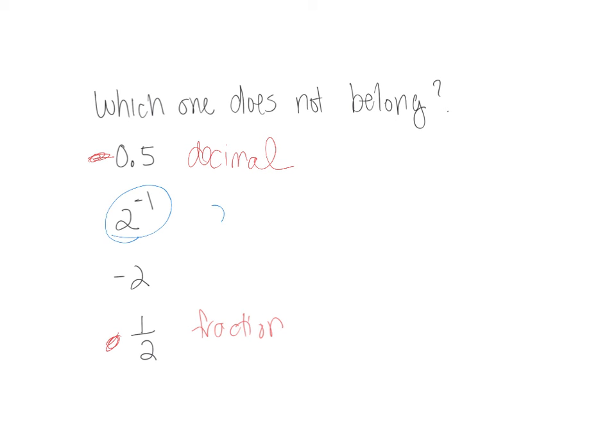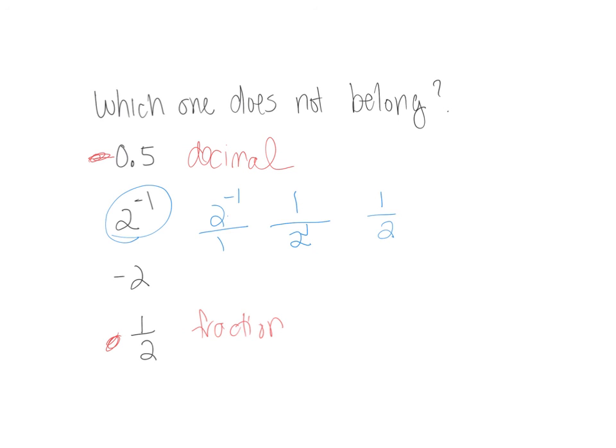And that's actually in the numerator. And so if we take that 2 as a base and move it to the denominator and make it the positive 1, and the only thing that would be left is a 1 in the numerator, we could see that 2 to the negative 1 is just the same as writing a half.